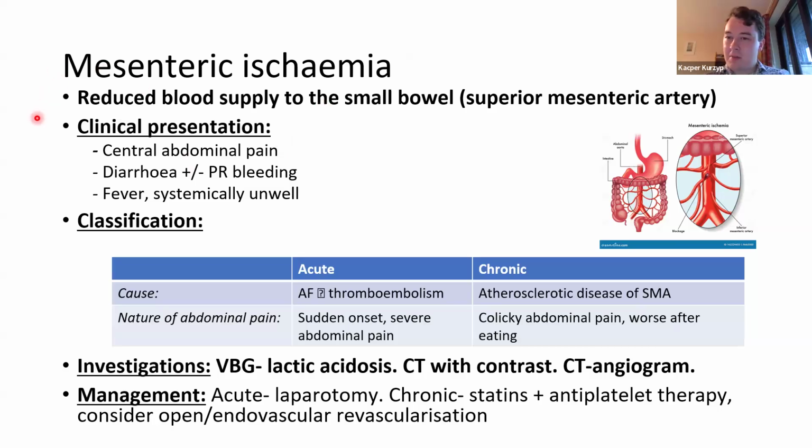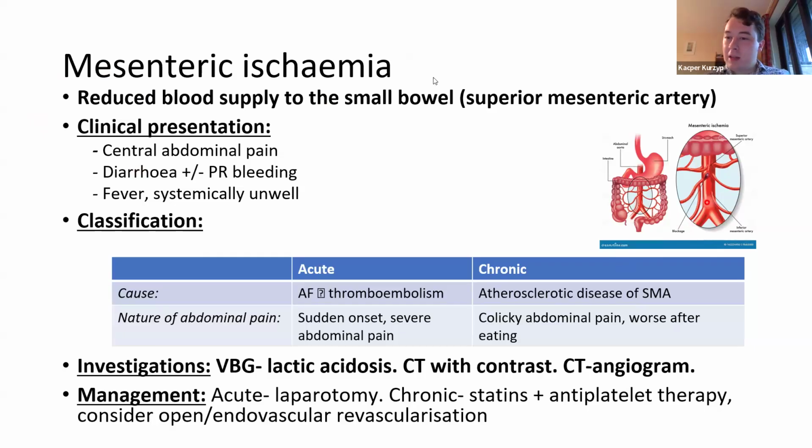In mesenteric ischemia, you have to remember that you have your bowel, both small bowel and large bowel. They need their blood supply. They need arteries. And these will come off of the superior mesenteric artery. You have your inferior mesenteric artery as well.